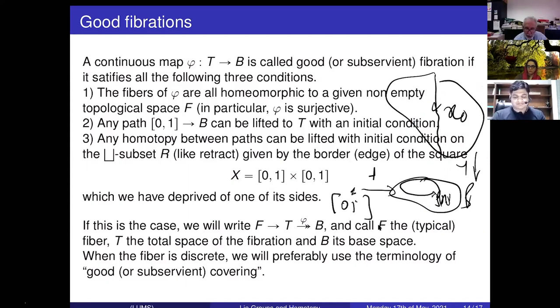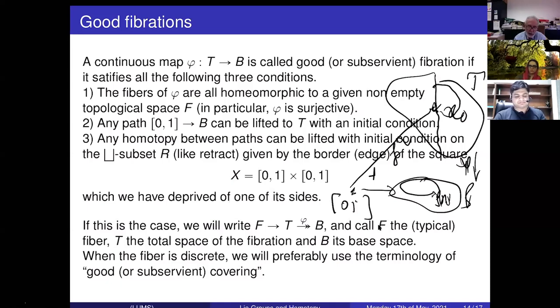That means the lifting f tilde will go from [0,1] inside the total space, 0 will go to x0, and 1 will go to something which by phi goes to f of 1. So we are in the same fiber.